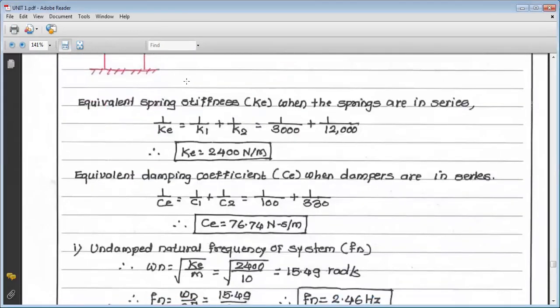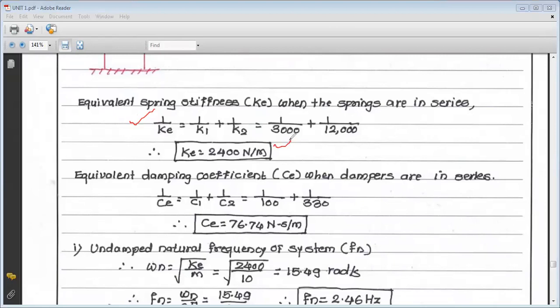When springs are in series, 1 upon K equals 1 upon K1 plus 1 upon K2. So 1 upon K equals 1 upon 3000 plus 1 upon 12,000. Taking the inverse, we get K as 2400 Newton per meter.